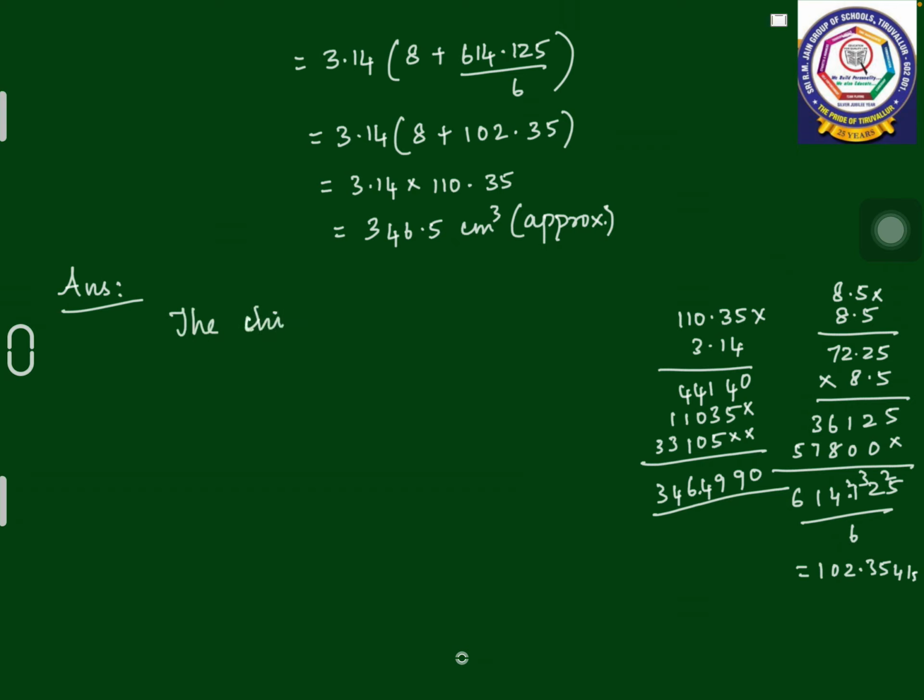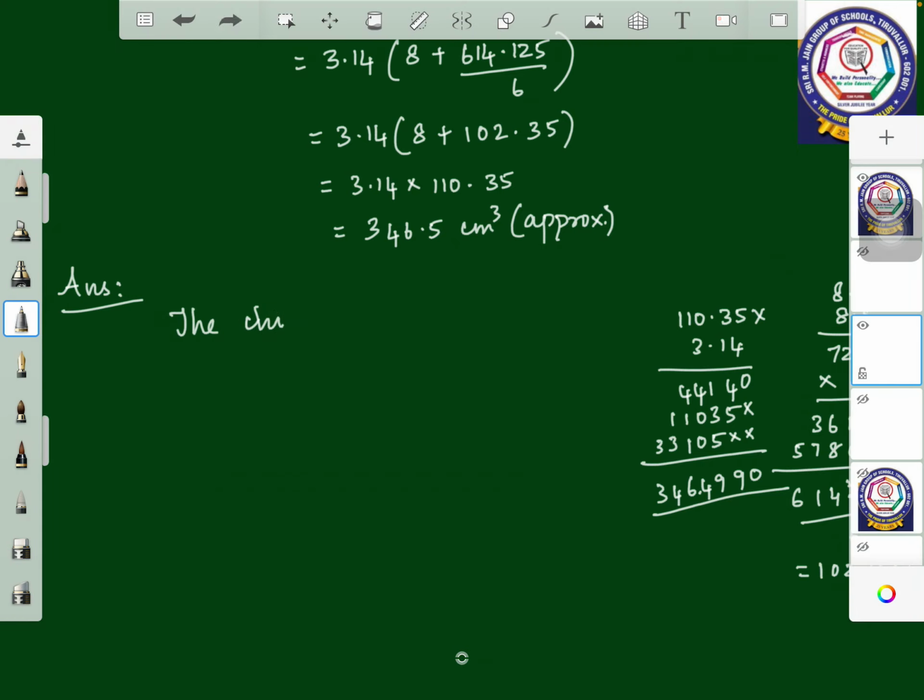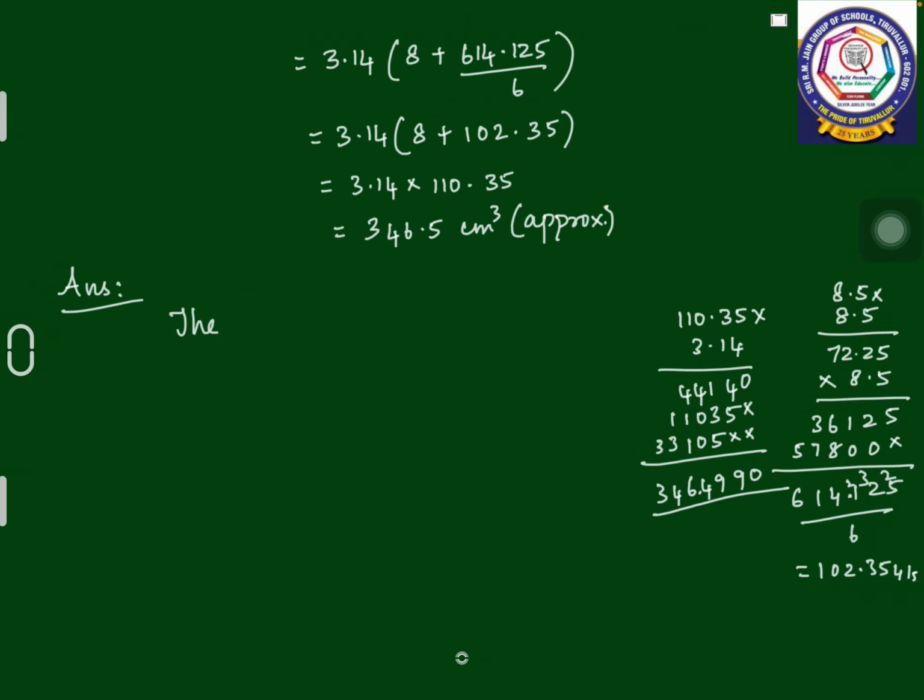The child is not correct, because the volume is actually 346.5 centimeter cube, but she found the volume to be 345 centimeter cube. So the child is not correct.